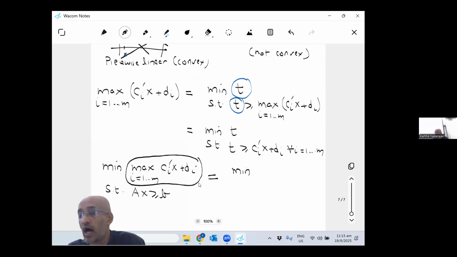I want to minimize over x and minimize over t. I can do a joint minimization. So I'm going to minimize t subject to t greater than or equal to ci transpose x plus di for i going from 1 up to m, and Ax greater than or equal to b.